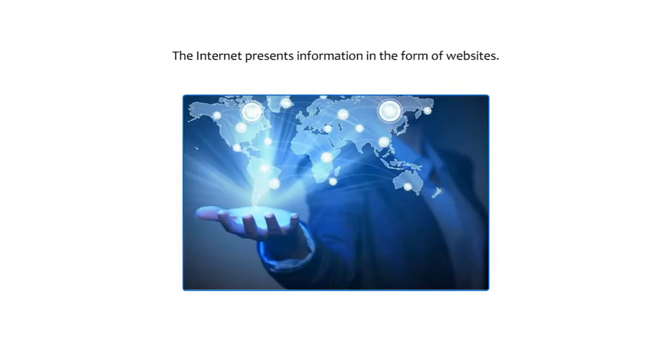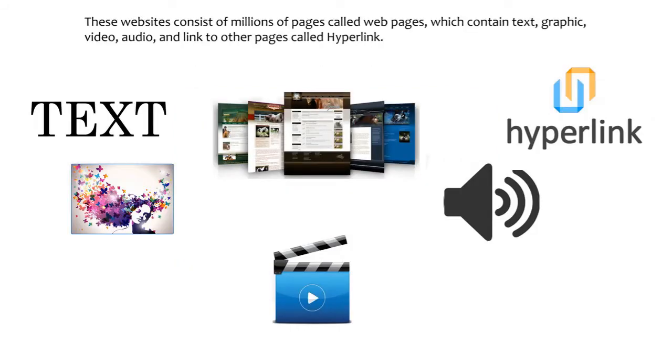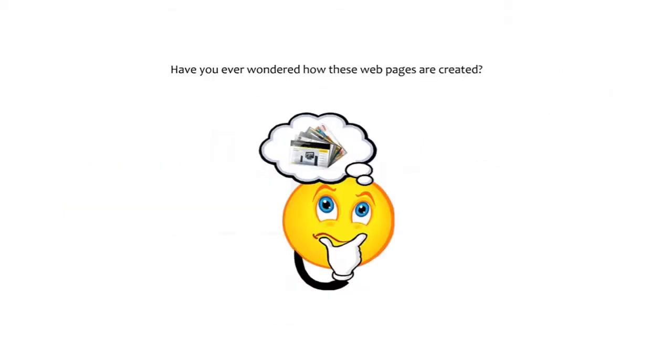The internet presents information in the form of websites. These websites consist of millions of pages called web pages, which contain text, graphic, video, audio, and link to other pages called hyperlink.